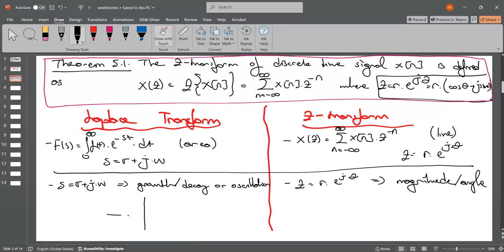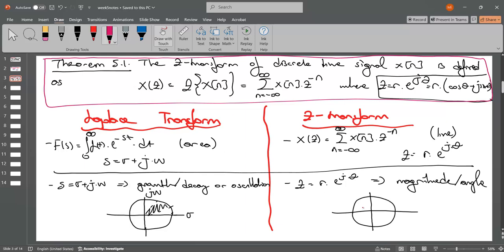If we have this property, just remember the earlier identity, just like this one. In the Laplace transformation, we evaluate this area. This is the sigma, this is the jw, right? But in this form, we evaluate this point right now, theta and r, right?